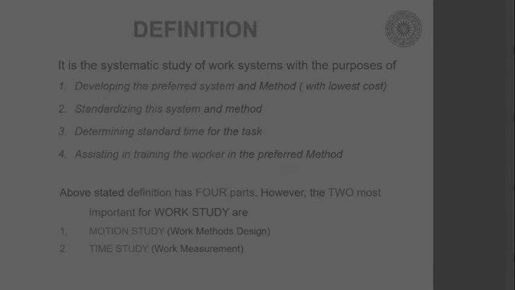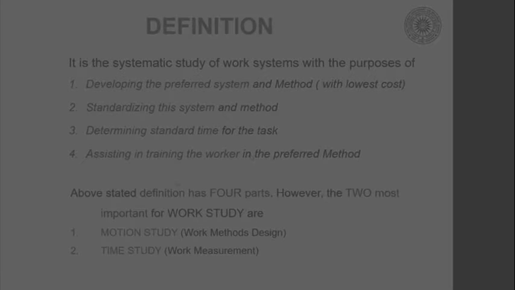The training of the worker is also very important. Preferred method means, if it is a short-term requirement, we give short training, and if that worker has to stay back and we are getting regular orders, then the training has to be specialized and prolonged.